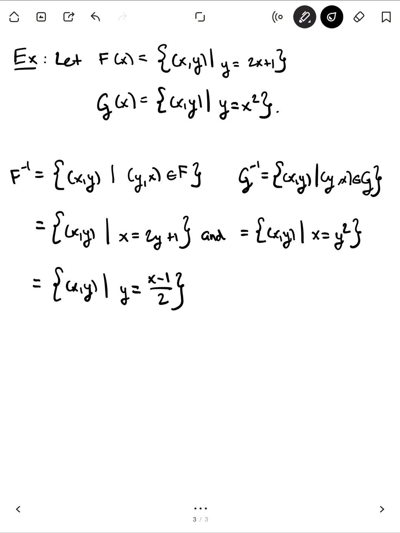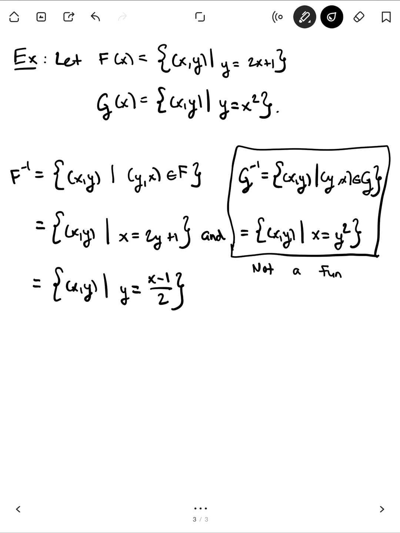To solve for y in this case, you'll have to take a square root, and then there are going to be two branches, and it becomes a little more complicated. So this is sufficient to say this is the inverse relation of g. And in this case, you'll notice this is not a function.